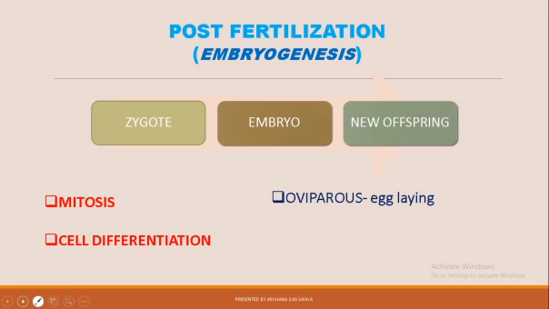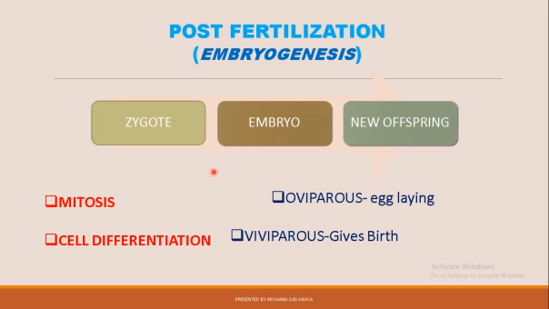Now again in animals, depending upon how the young one develops, we have two categories, oviparous and viviparous. Oviparous are those animals which lay eggs. Here, when I say egg, this is the fertilized egg that I am talking about. That is, the zygote is formed inside the body, but the zygote will no more develop inside the body of the female.